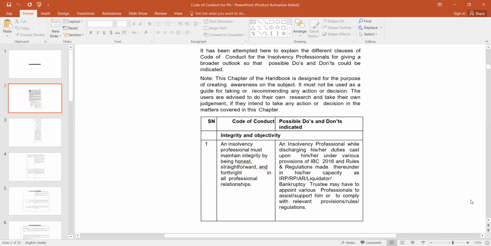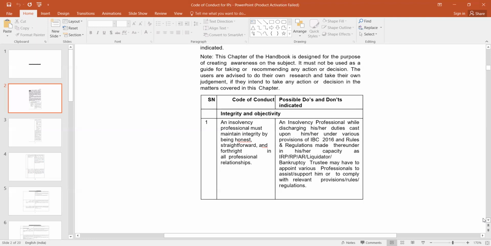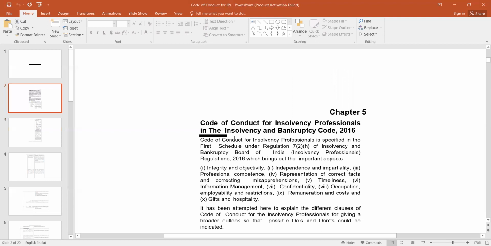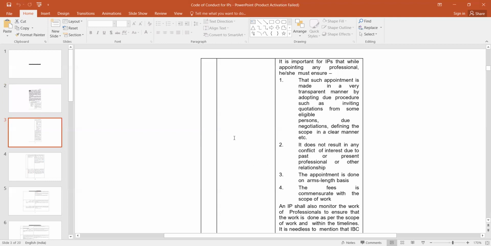So this is one of the duties: if you are appointed as an IRP, RP, AR, liquidator, or bankruptcy trustee, then one of your duties is to appoint professionals also. Now, it is important for IPs that while appointing any professional, you should be a man of integrity, objectivity, and what was the third point in this?